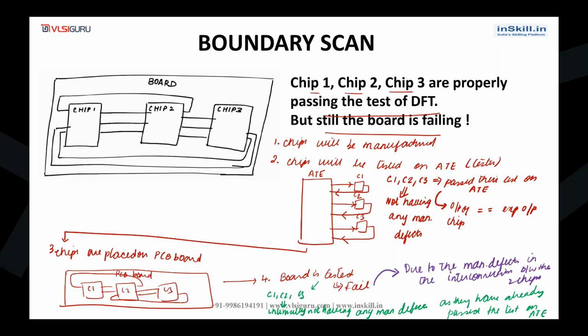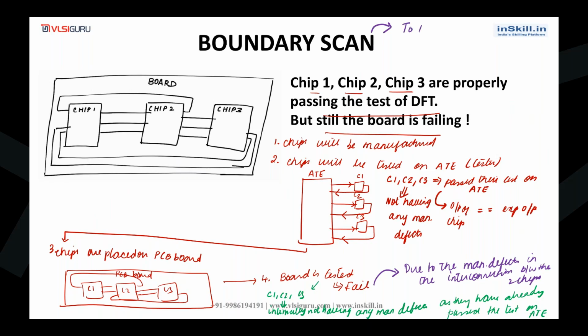When the board is being tested, it is failing. Why is it failing? This can be due to manufacturing defects in the interconnection between the two chips. So we go for boundary scan in order to test the interconnection between the two chips.